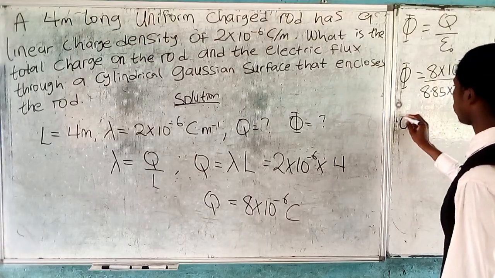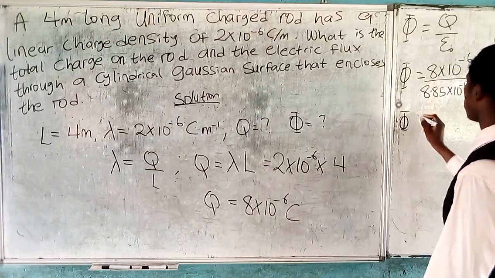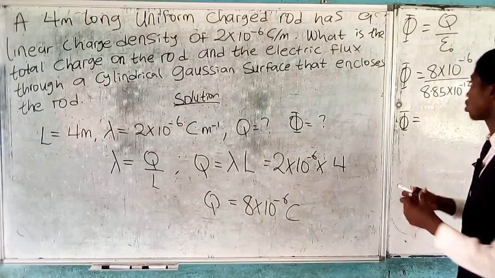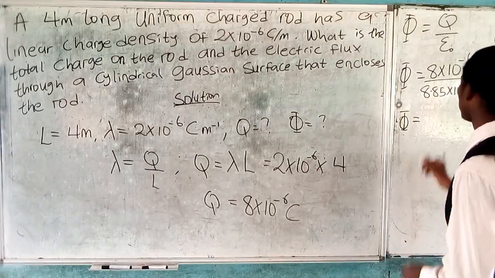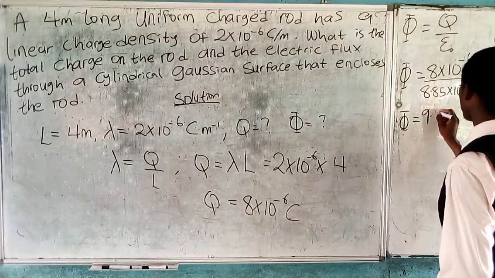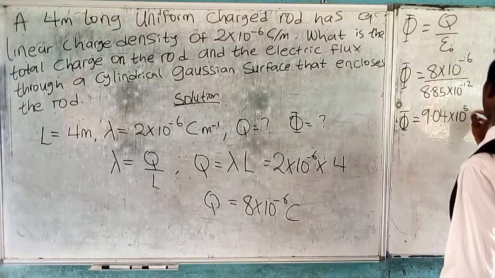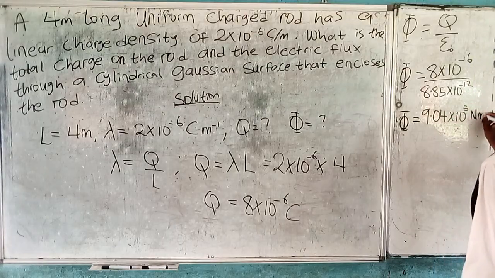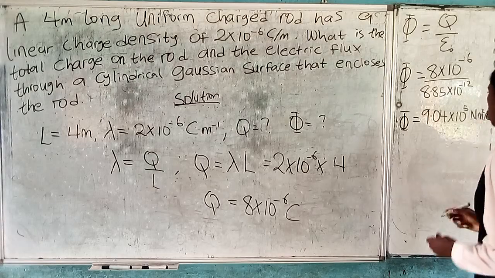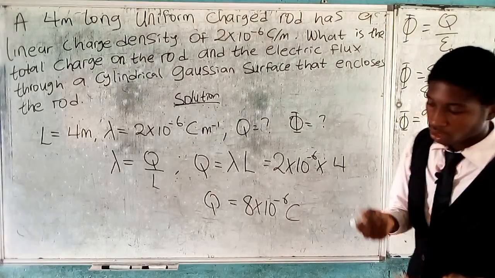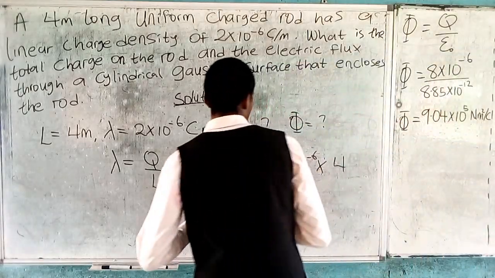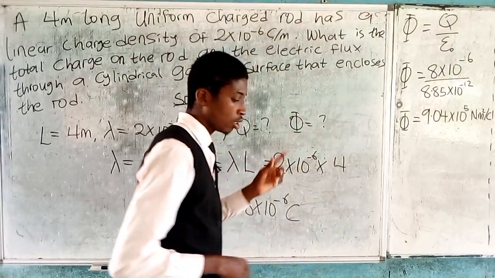Dividing this by this, we have 9.04 times 10 to the power 5 newton meter squared per coulomb. This is the answer I'm getting from head calculation, so make sure you cross-check your calculation.